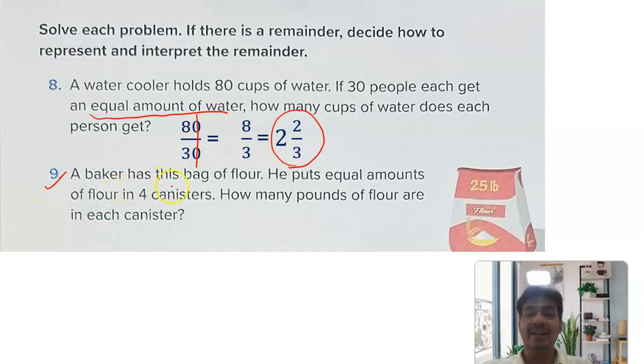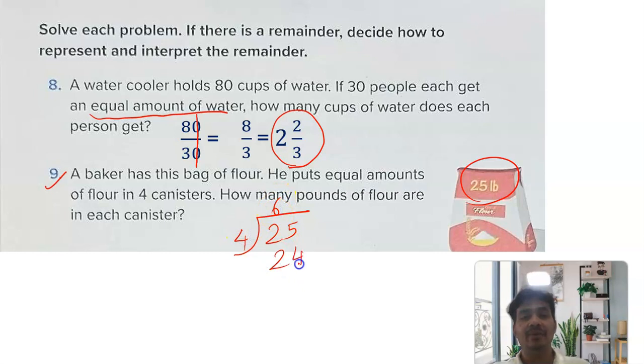Next, a baker has a bag of 25 pounds of flour. He puts equal amounts of flour in 4 canisters. How many pounds of flour are in each canister? You have to divide. 25 divided by 4. 4 times 6 is 24, minus, 1.